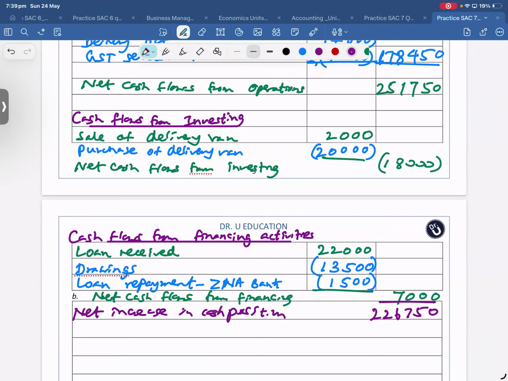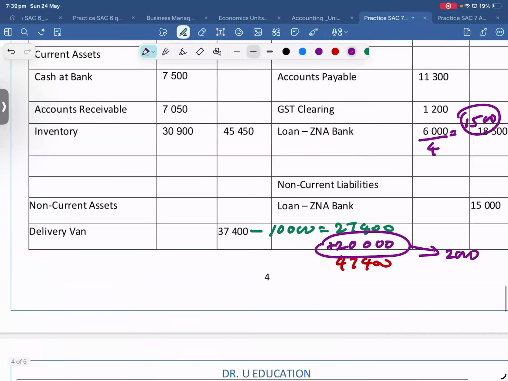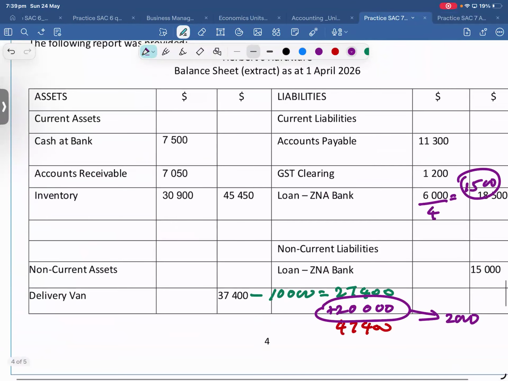Then for this one, guys, we add in the opening bank balance, which is 7,500.